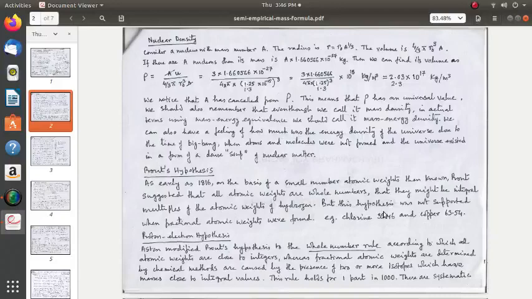So those individual isotopes have masses close to whole numbers, but in chemical processes, when we define atomic weight, we see an average value. But Aston was working with mass spectrographs, so he could actually determine the difference in the masses of isotopes.